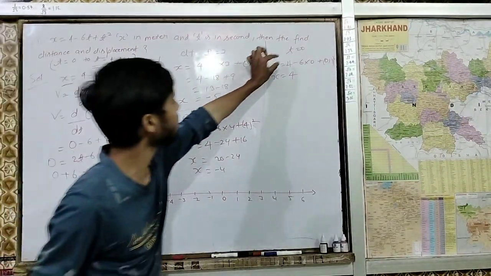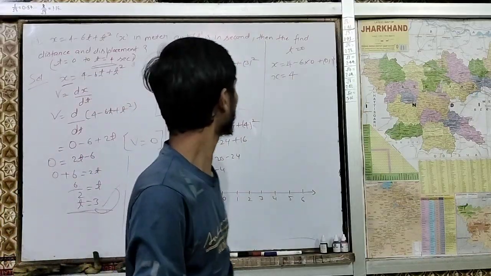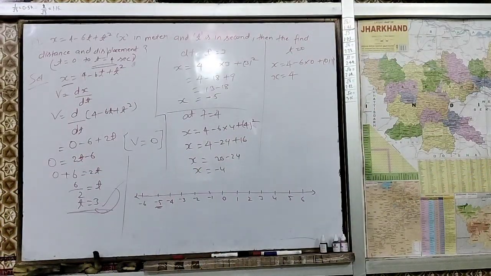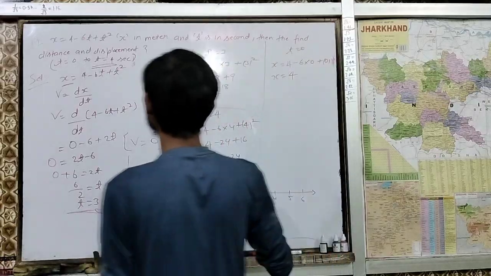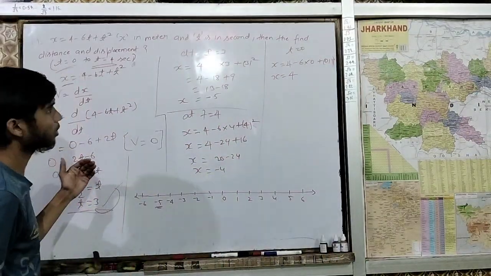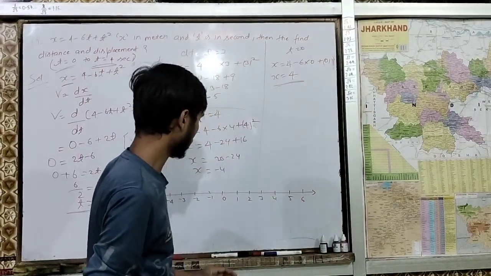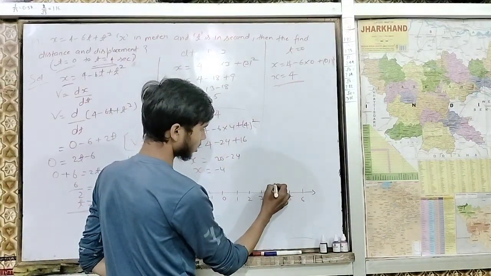First of all, t is equal to 0. Here, t is equal to 0. So at t is equal to 0, x is coming 4 over here.